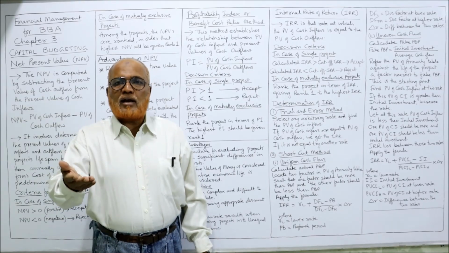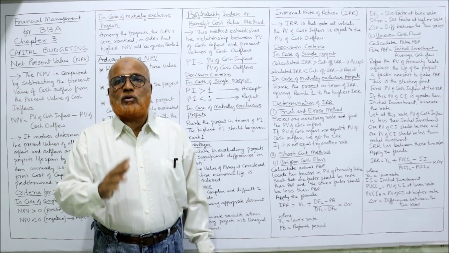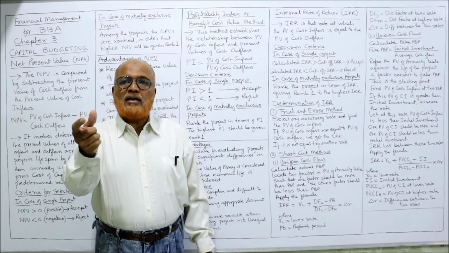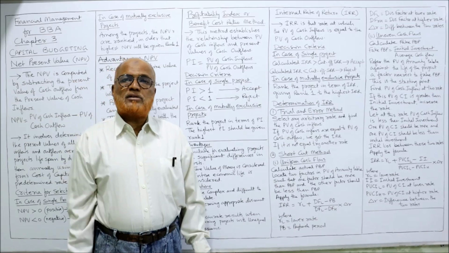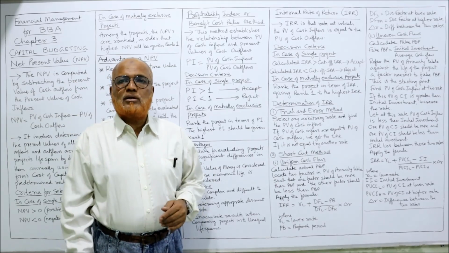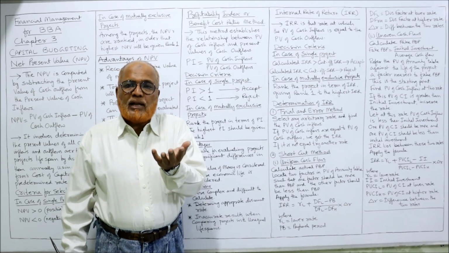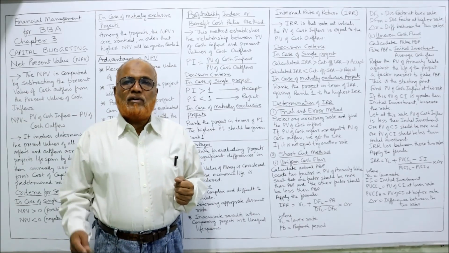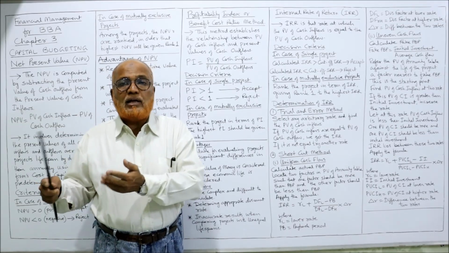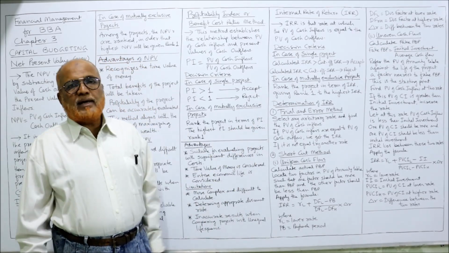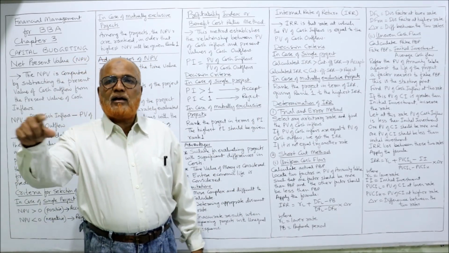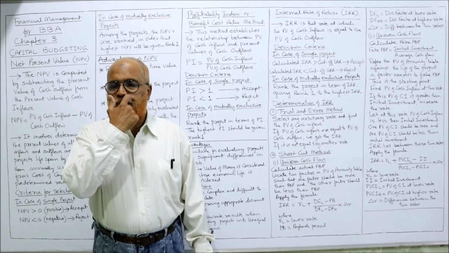That means the actual IRR is more, so accept the project. If the actual IRR is 15%, whereas the cutoff rate is 20%, reject the project because IRR is giving only 15%, whereas the company's cost of capital is 20%. So reject the project.